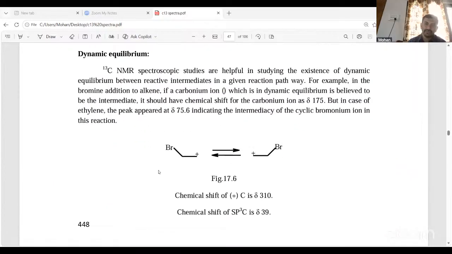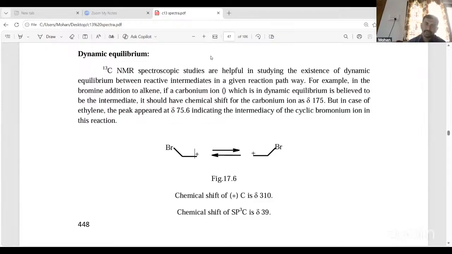Next, dynamic equilibrium. This is also one of the important applications of the C13 spectra, right? With the help of the C13 spectra you are able to predict the reaction mechanism. You can predict the dynamic equilibrium.